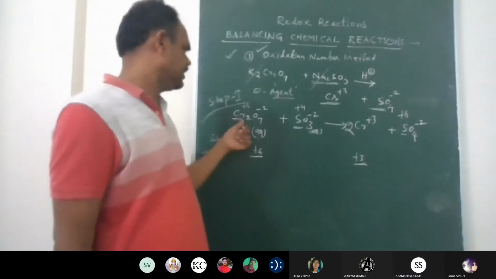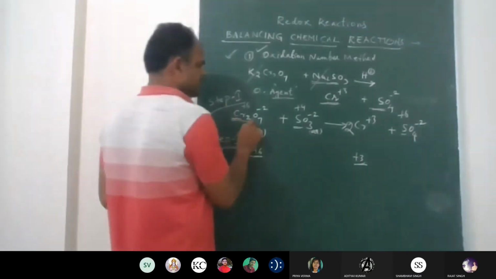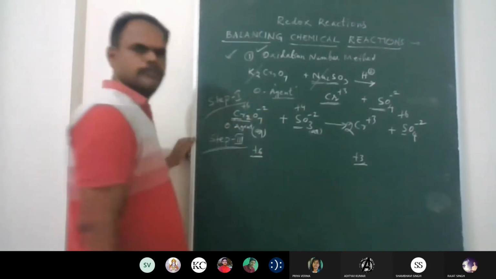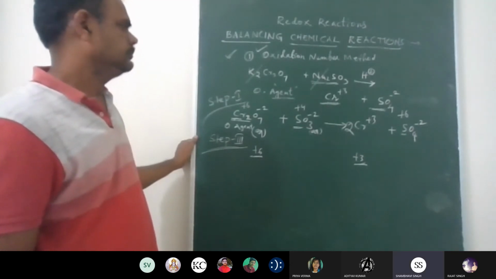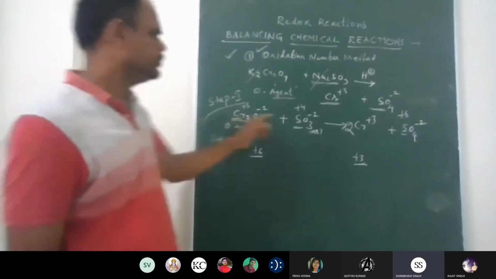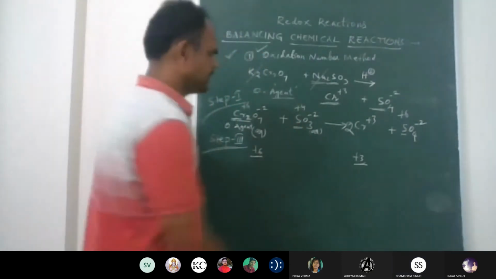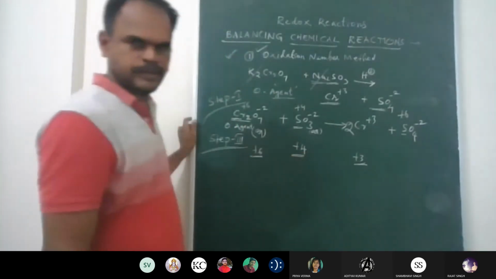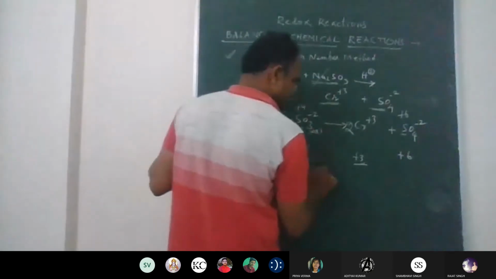So reduction is happening, which means chromium is the oxidizing agent, no? Yes, sir. And you can look at this sulfide. In the sulfide, sulfur oxidation state is plus 4, and in the sulfate plus 6. How much difference?